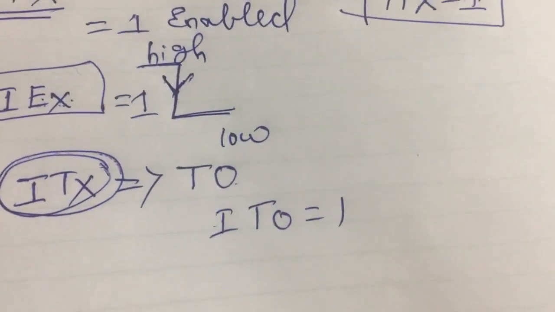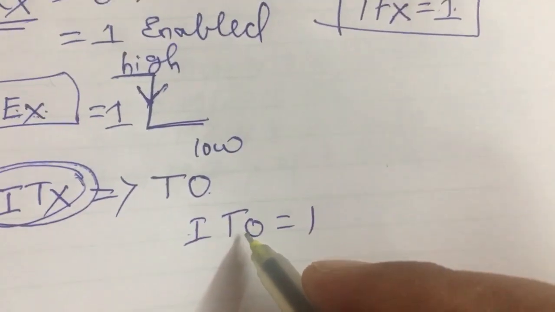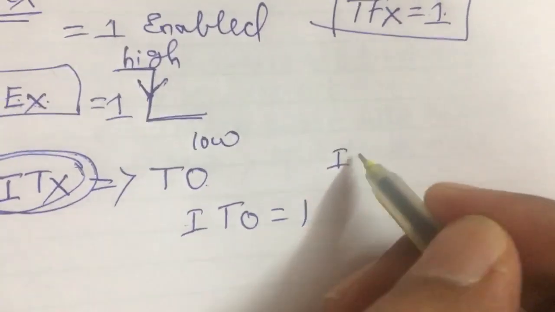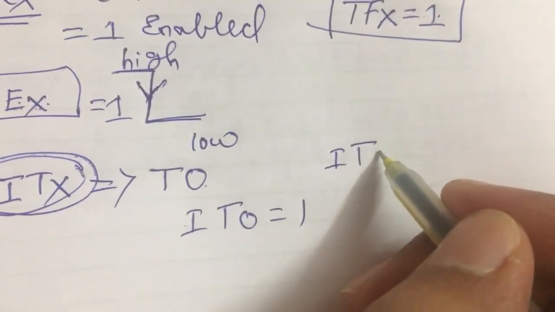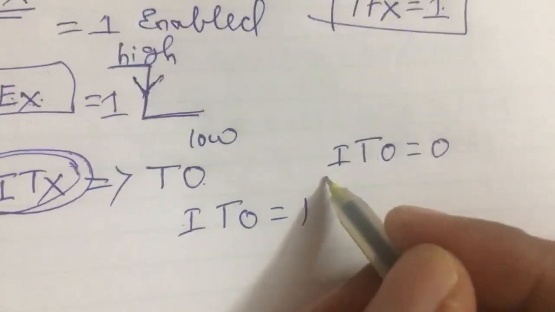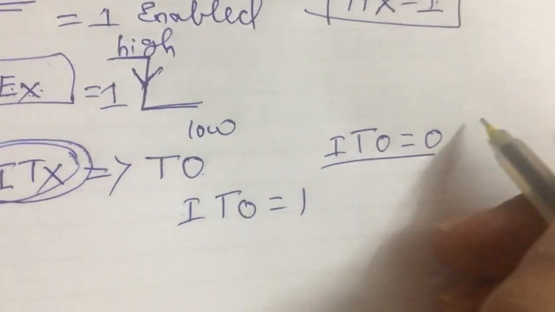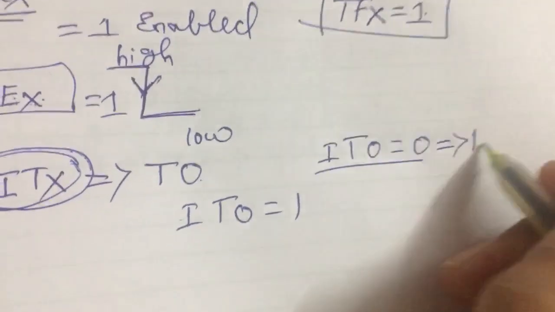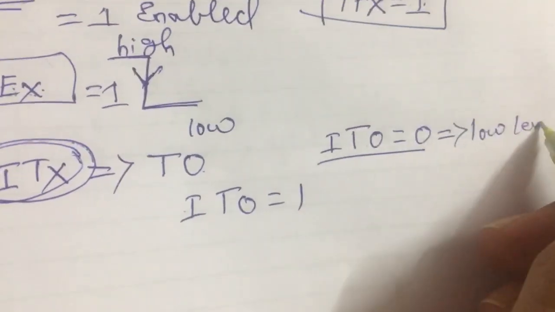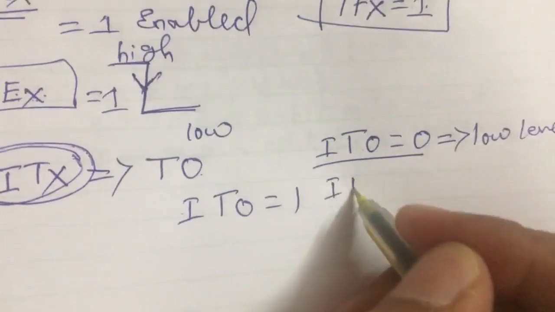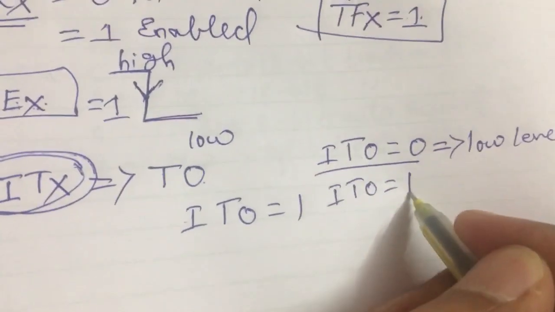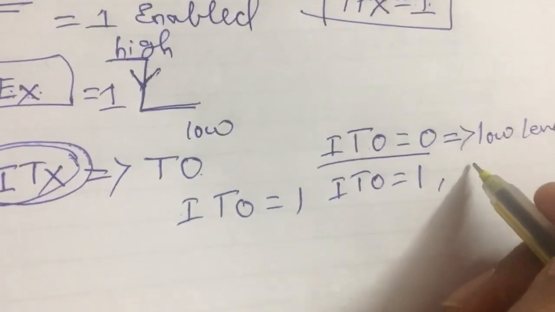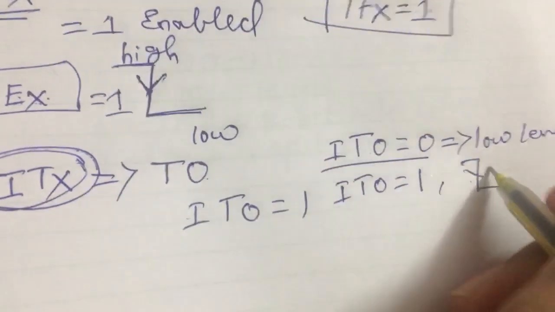Now in this interrupt, if IT0 is equal to 0, I will call it low level triggering. And if IT0 is equal to 1, I will call it falling edge.